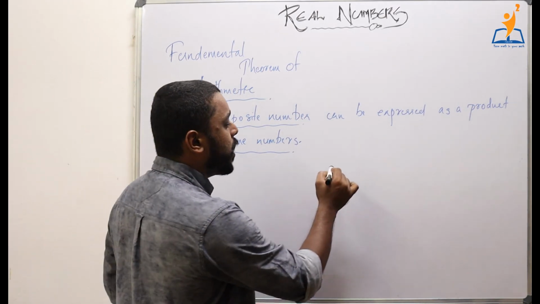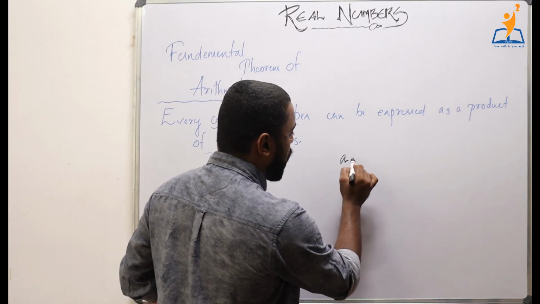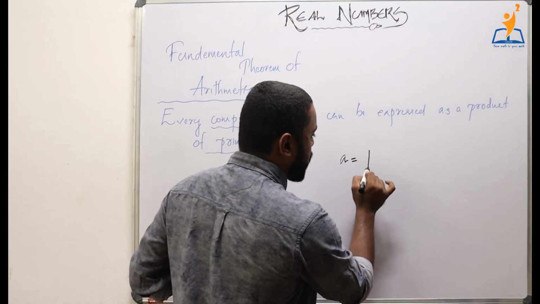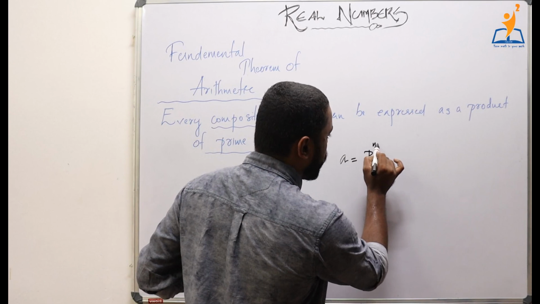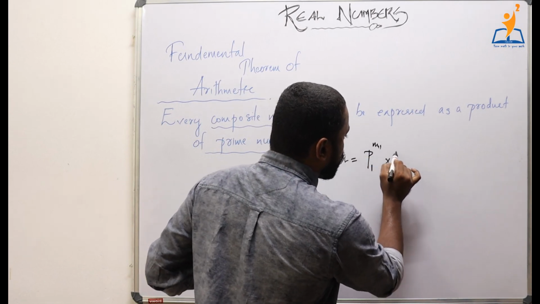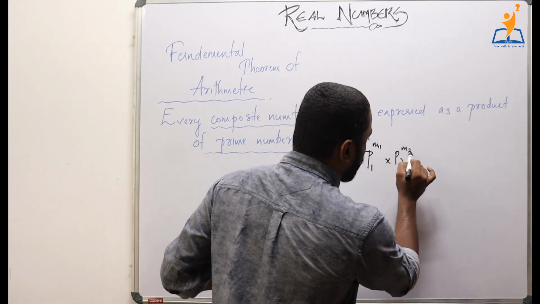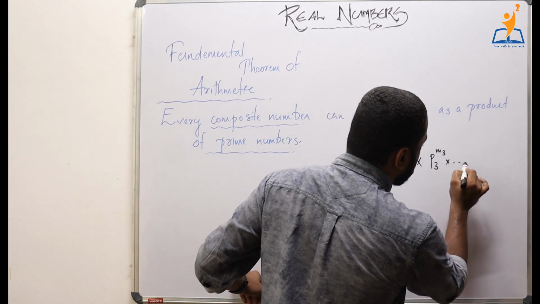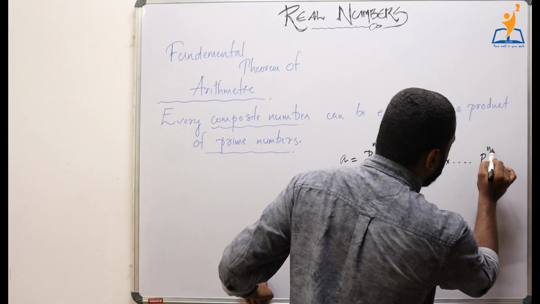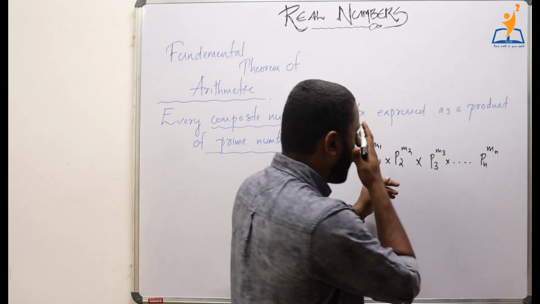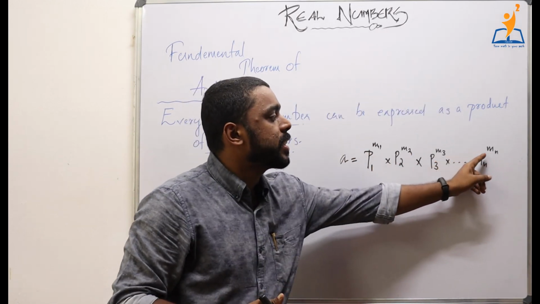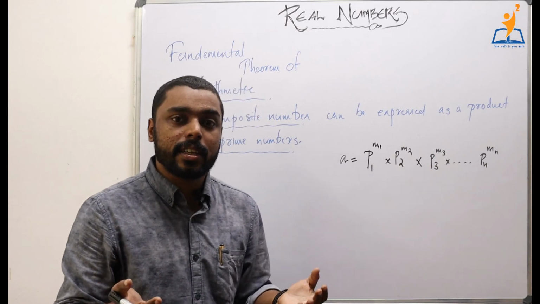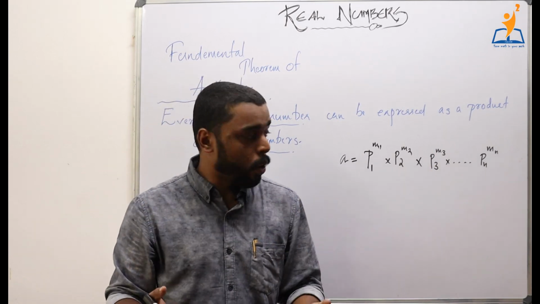That is, if we are given a composite number a, it can be expressed as p1 raised to m1 into p2 raised to m2 into p3 raised to m3 etc. into pn raised to mn, where m1, m2, m3 etc. mn are any integers. It can be powers, maybe 0.